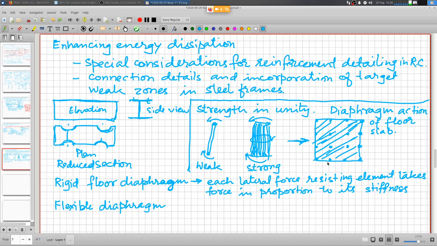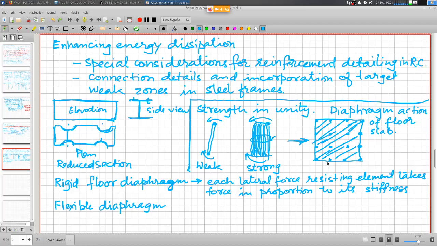Therefore, if it is a frame and shear wall construction and it is integral, a massive portion of the load is actually taken by the shear wall. The columns of the moment resistant frames are spared much of the earthquake load.